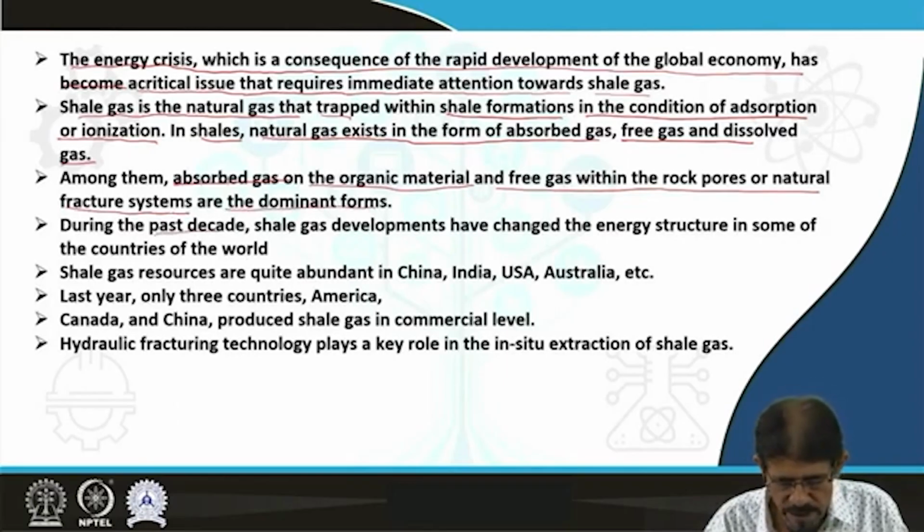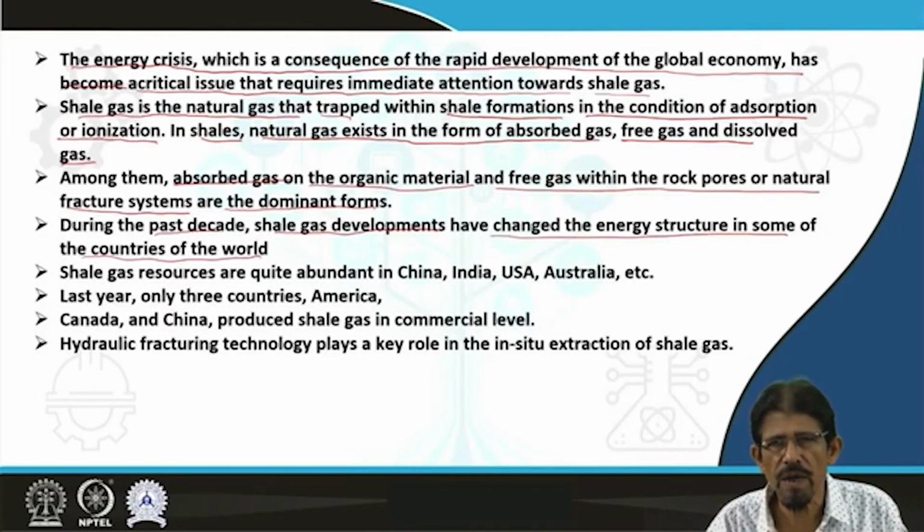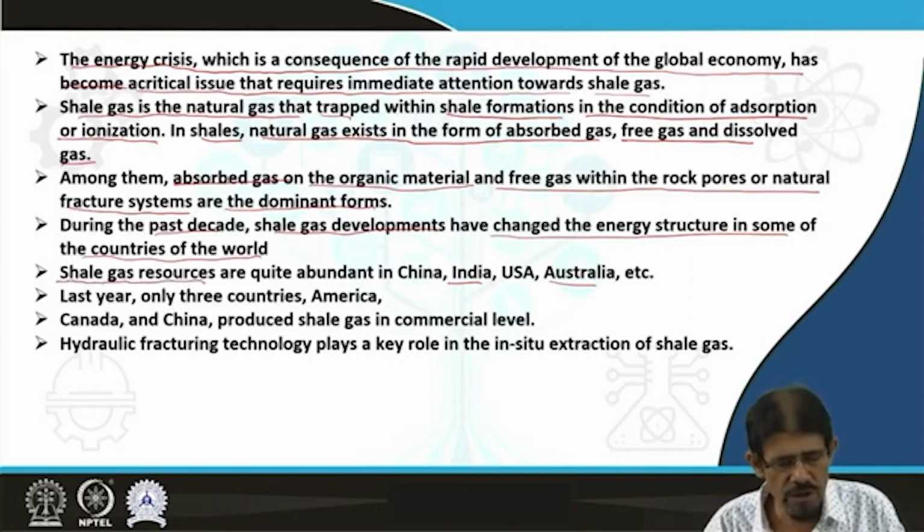During the past decades, shale gas development has changed the energy structure in some countries of the world, and they have started producing shale gas at commercial level, like USA, China, India also, Australia, etc. So we have a huge resource of shale gas in sedimentary basins, found in almost every country, but more in China, India, USA, Australia, Canada, etc.